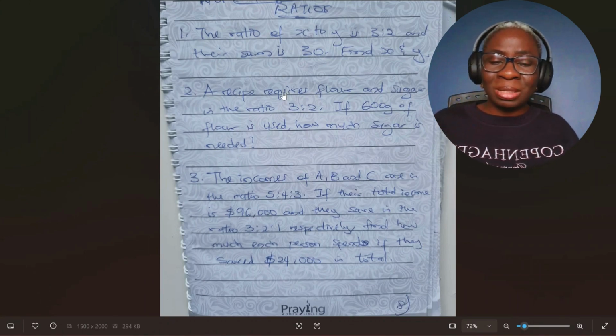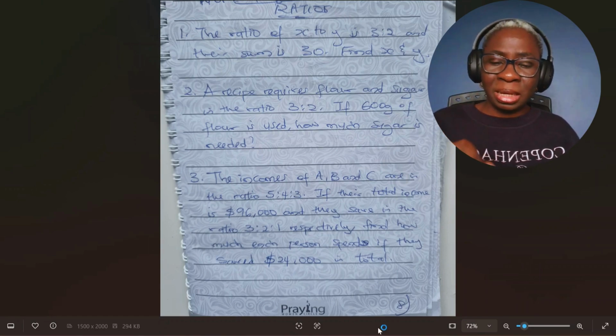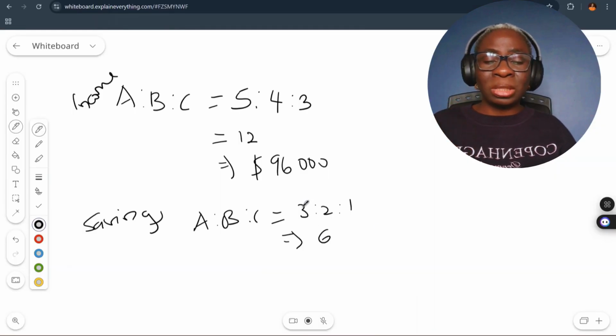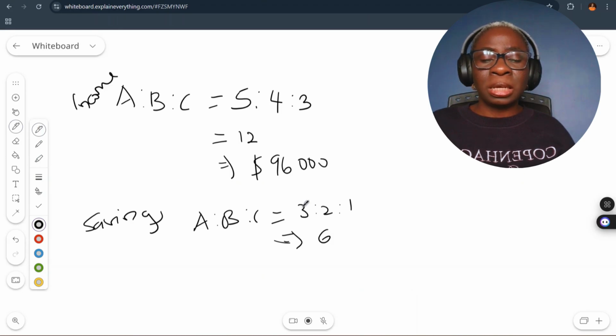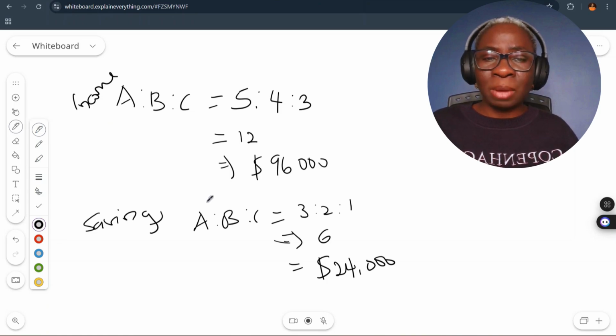So the question now says find how much each person spends if they saved $24,000 in total. So their total savings now is $24,000, and we are to find their spending. We are to find how much each person spent.